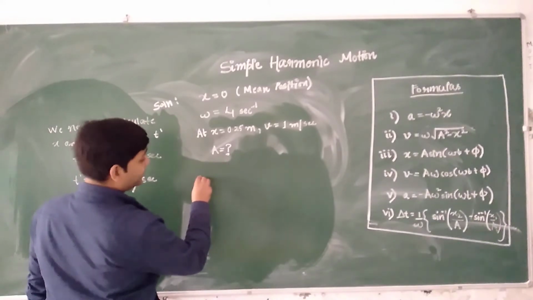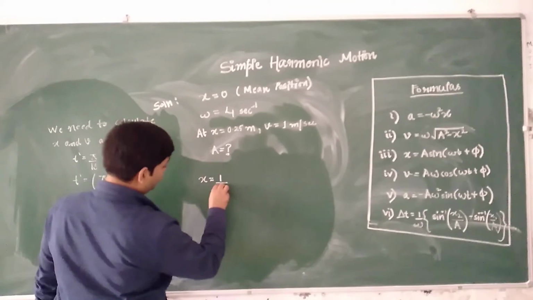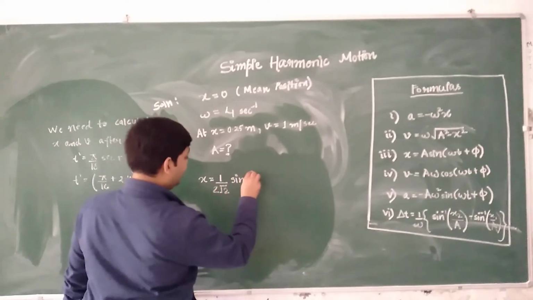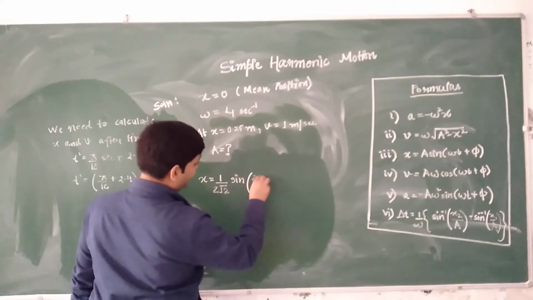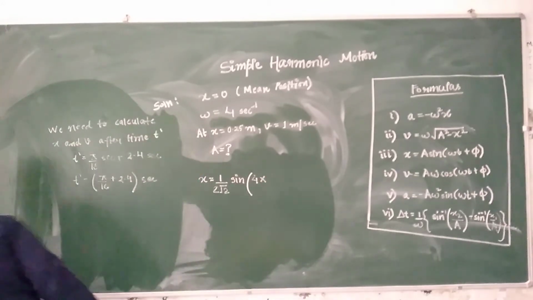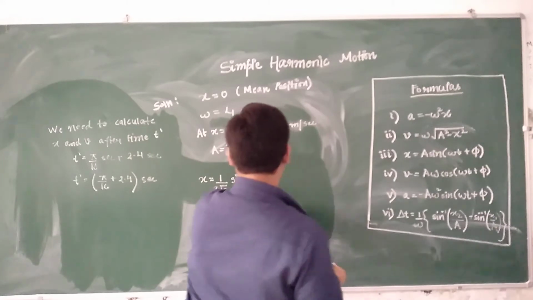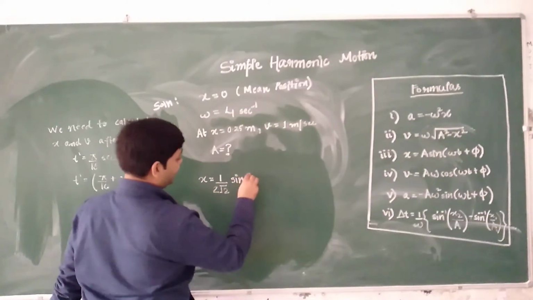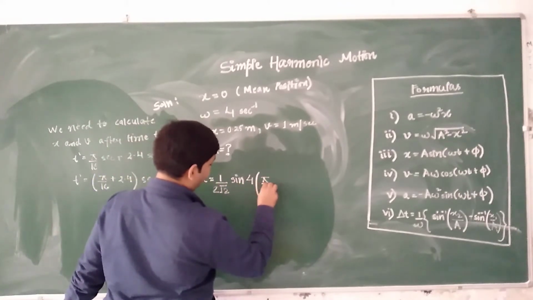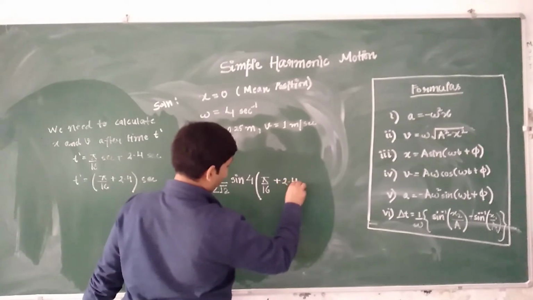we will have x is equal to a sin omega t. What is the value of a? 1 upon 2 root 2. Omega is 4 and t is this value. So if I take the 4 out common, we will have sine 4 into pi by 16 plus 2.4.